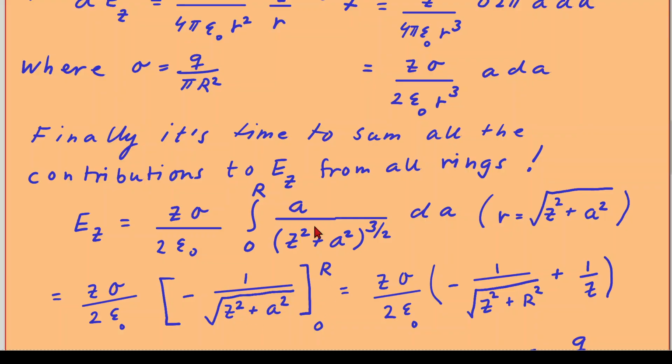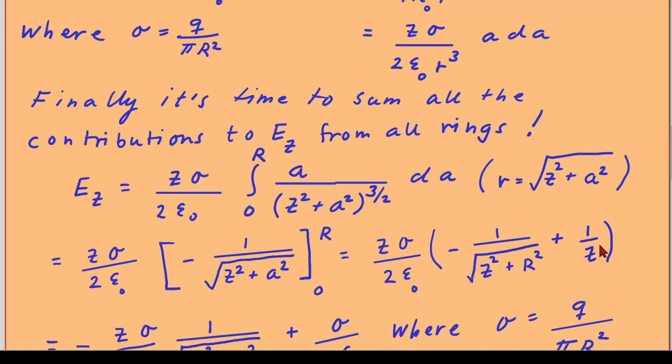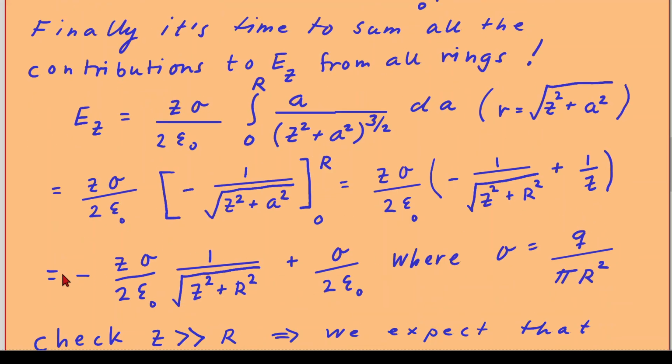And we want to sum now all those contributions for various a's, where a is small, 0, all the way up to capital R, the total radius of the plate. And here's the primitive function. And now we can put in that. So you put in R here, then minus with 0. a is 0. So that will be 1 over C. So here is my result.